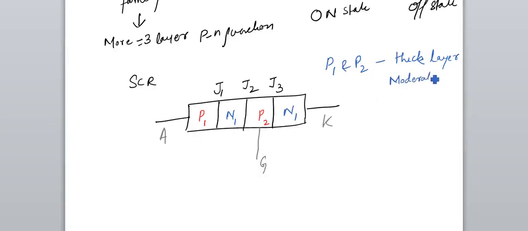Moderate doping means the number of holes present is at a moderate level.